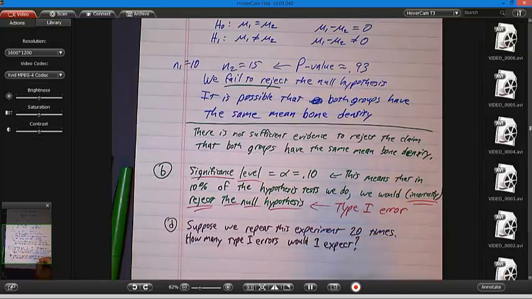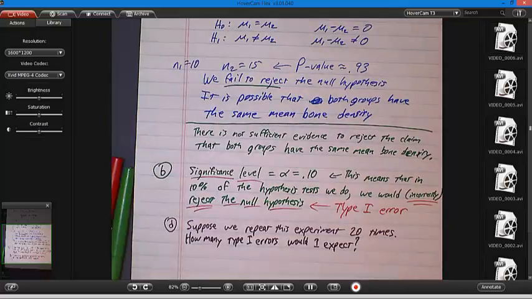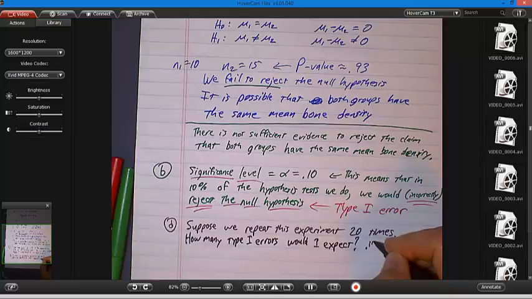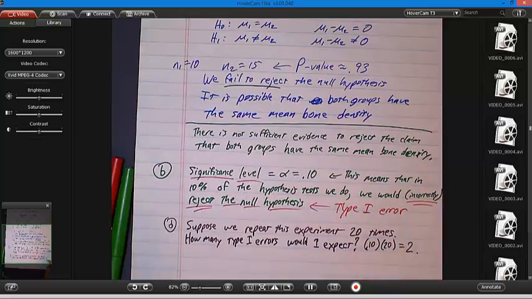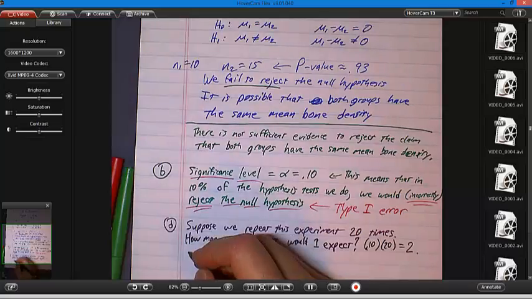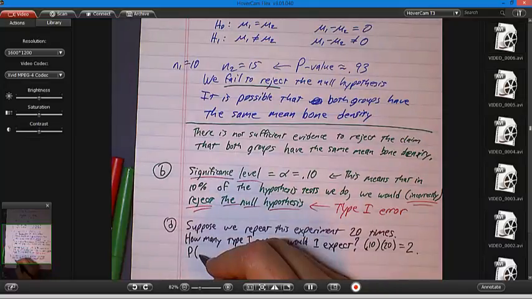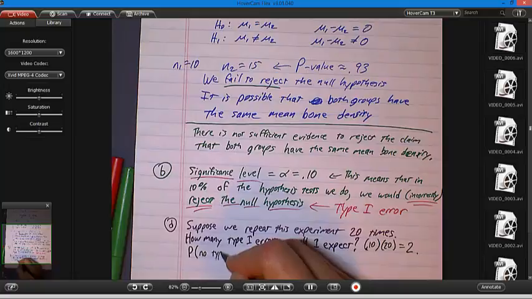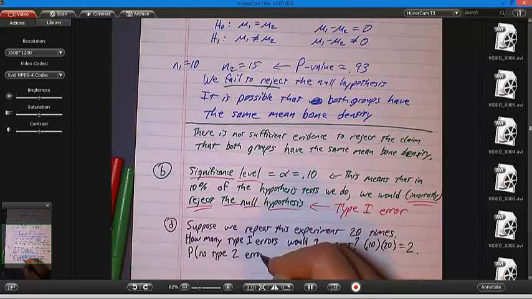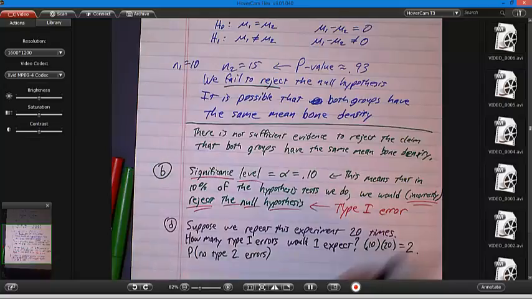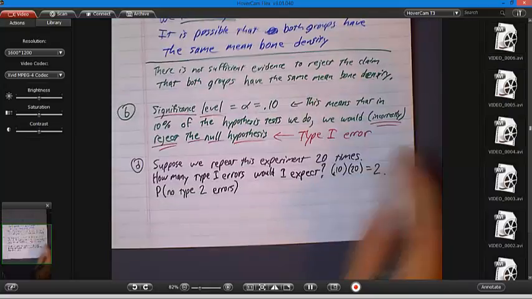Well, one simple solution would be take your 10% times 20, and get 2. I'm thinking I'm probably going to get around 2 type 1 errors out of the 20. You guys are going to try it in part E and see what you get. But the other thing that part D asks is, what is the probability of getting no type 1 errors? I'm sorry, no type 1 errors.